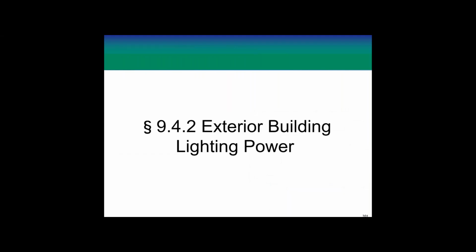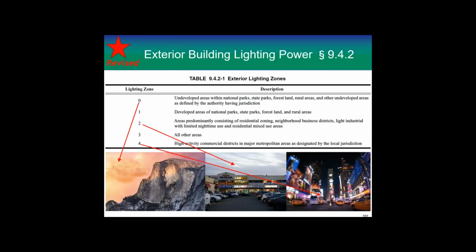All right, exterior building lighting power. These are the tables for exterior building lighting. Now they vary by lighting zone. The exterior lighting zones start at lighting zone 0, which would be like a national park or a state park or a place where it's supposed to be nature. And we don't allow any lighting in those spaces.